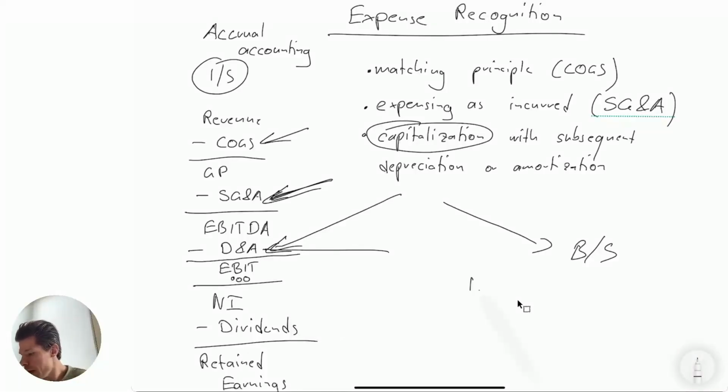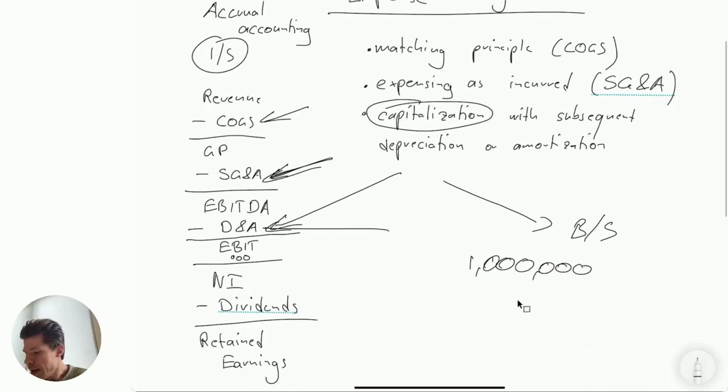So if you pay something for, let's say, 1 million, and it has a useful life of 10 years. So you buy a production machine or an asset for 1 million, 10 years. What you would do if it's straight line depreciation, you would add a kind of cost item in your income statement every year of about 100,000.